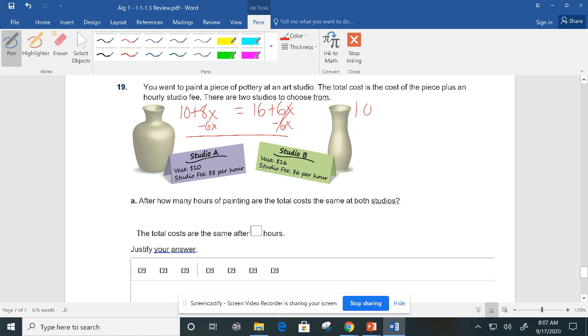I'm going to have 10 plus 2x is equal to 16. Subtract 10. You've got 2x is equal to 6. Divide by 2. And you've got x is equal to 3. So after 3 hours, they are the same. If you're asked to justify, make sure you're explaining your steps and what you did at each step and how you created those equations.